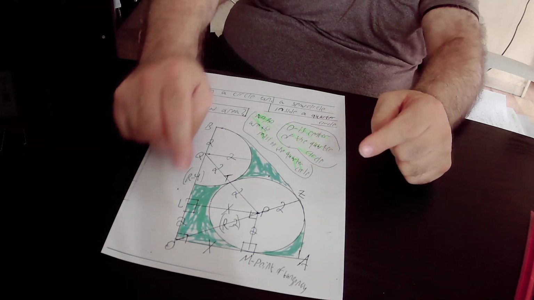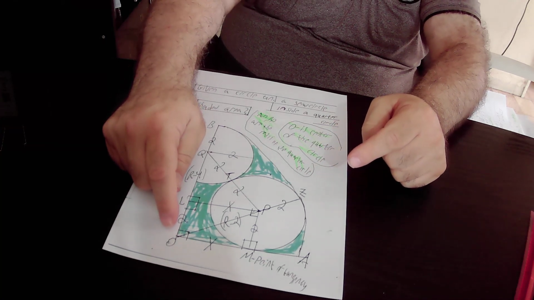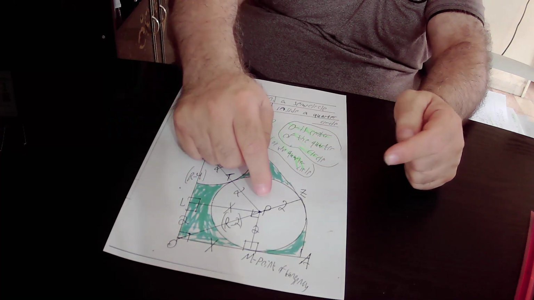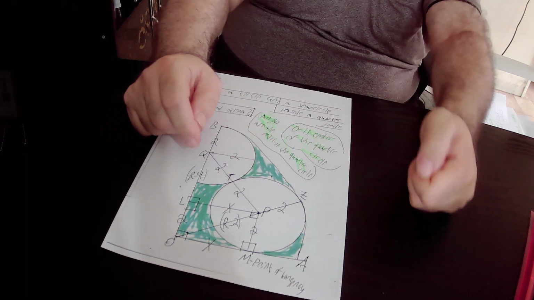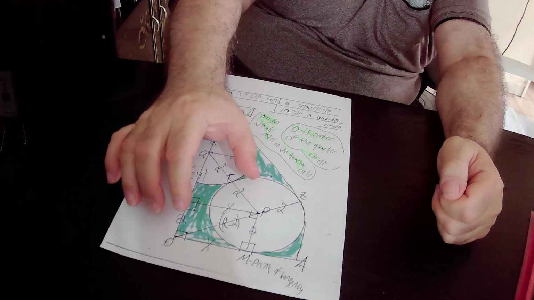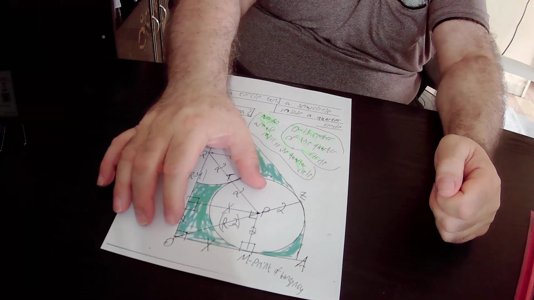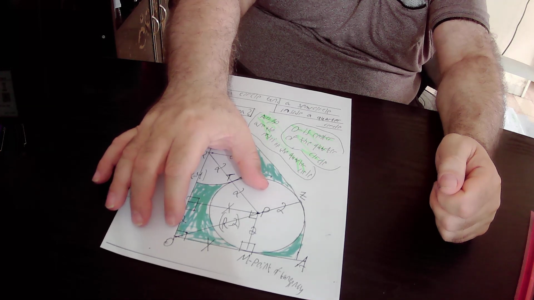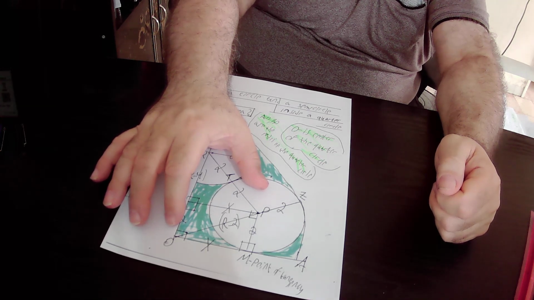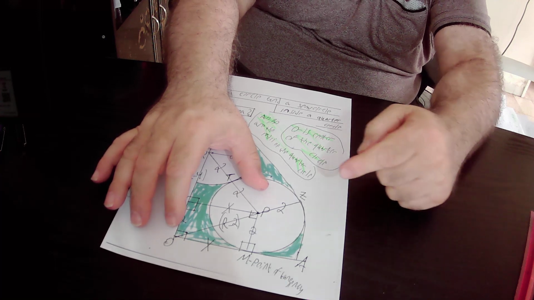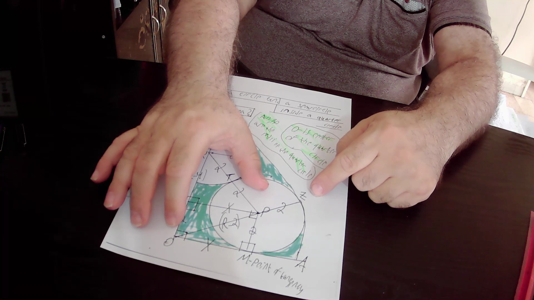So here point O is the center of the quarter circle, point P is the center of the circle itself. Therefore, the straight line PO is the straight line that connects their centers together, and according to the rule that I mentioned, the straight line PO must pass through point Z.